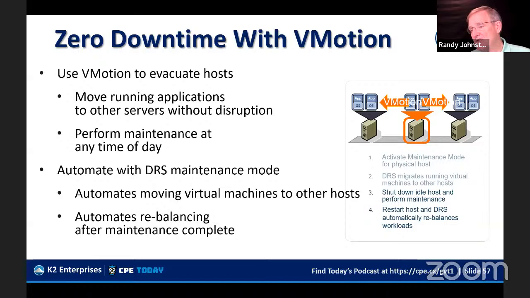That might mean that you're doing maintenance, or that you've got an application that needs a restart, but you can move running applications to other servers without disruption, to the point that a user doesn't even know their application's been moved from a production server to a secondary production server. And we shut down, do the maintenance on the production, and we roll it back. The benefit here is that maintenance can be done at any time of day.